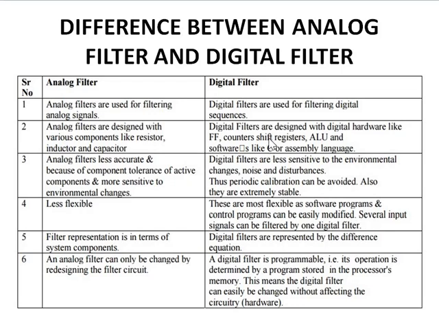Of course digital filters are designed with digital hardware like flip-flops, counters, shift registers, are very less sensitive and give more accurate values, and are very flexible to write software programs. And then it is the programmable one. Of course you just read and then okay.